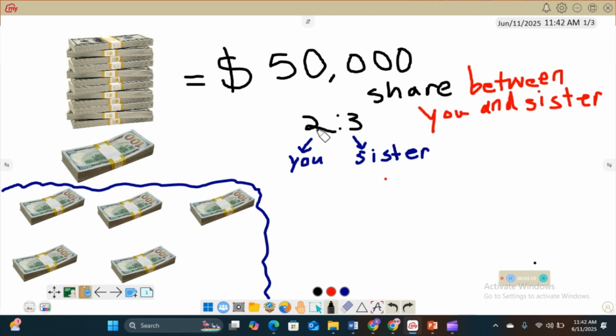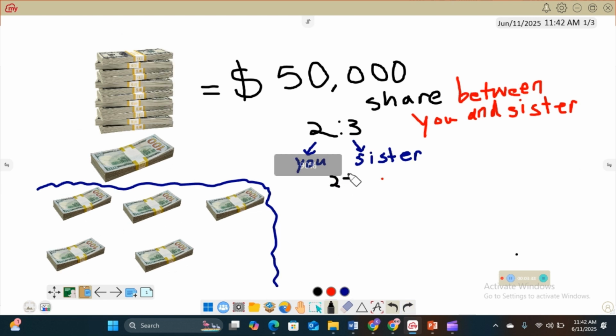Now, when I say you get 2 and your sister gets 3, we have to understand what that means. So if you have 2 to 3, the first thing that we have to do is start by adding 2 plus 3. If you add 2 plus 3, the answer would be 5.